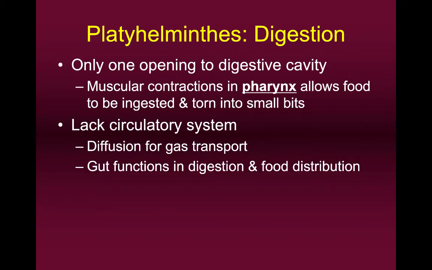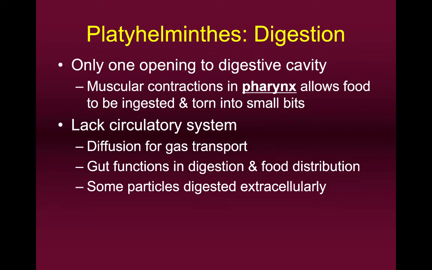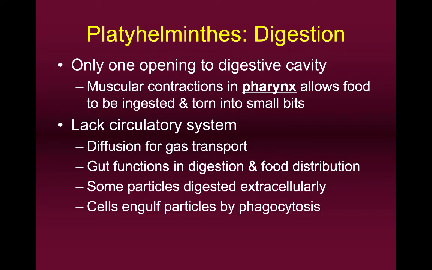So again, diffusion is really all they have when it comes to moving gases around inside the body. We do see, like I said before, the pharynx and the mouth about halfway back on the body in some of these, for those that have a pharynx and a mouth. Tapeworms, of course, don't. But for the others, the free-living ones, they're going to have the ability to chew up food and then bring it into their body through their pharynx.